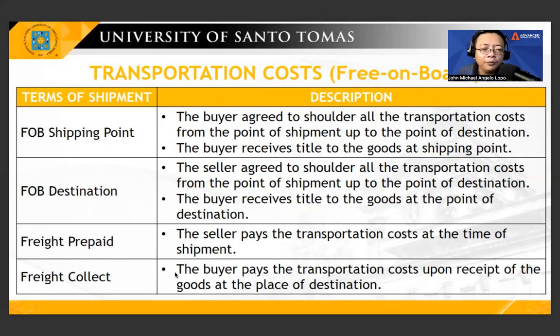The FOB shipping point, the buyer agreed to shoulder all the transportation costs from the point of shipment up to the point of destination. So meaning, pag umalis yan sa warehouse ng seller, since buyer ang nagbayad, buyer na yung may-ari. The buyer receives the title to the goods at the shipping point kasi nagbayad na ako from the start.